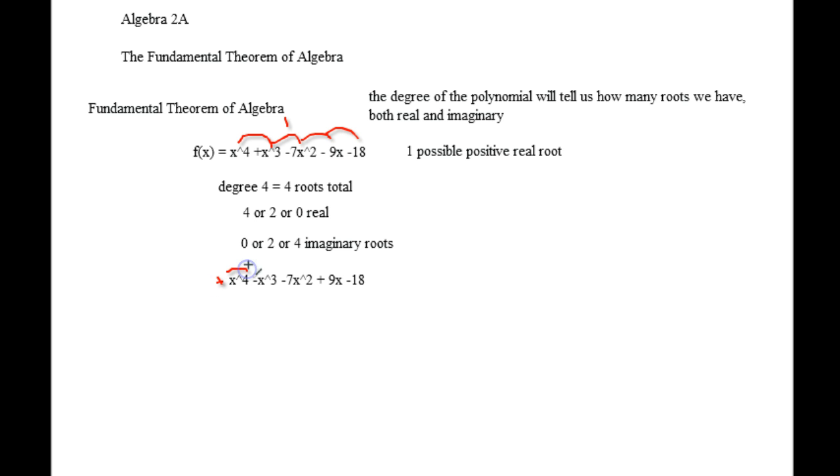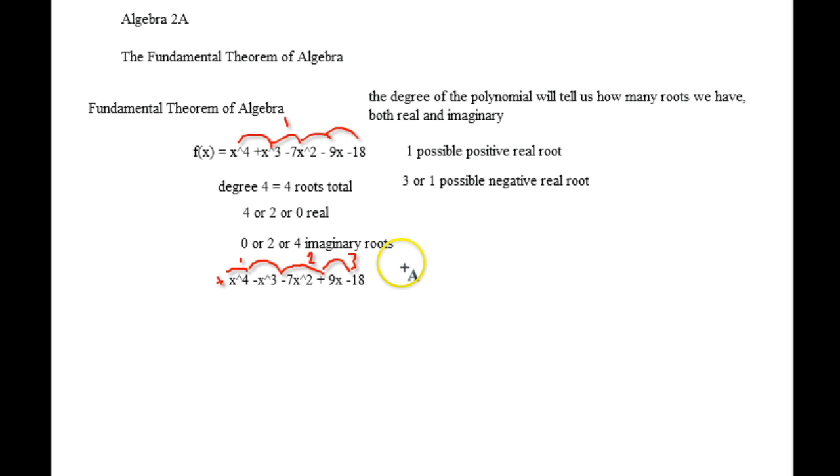So from here to here, that's a sign change, so that's 1. Here to here, none. Here to here, another 1, so that's 2. From here to here, that's 3. So I could have 3 or 1 possible negative real root.